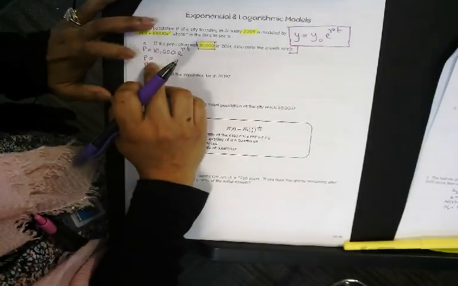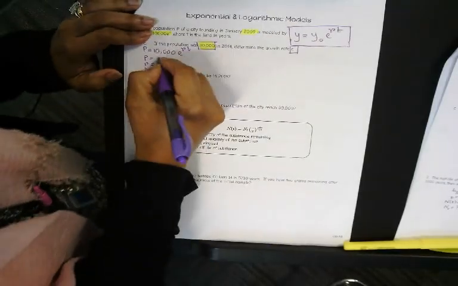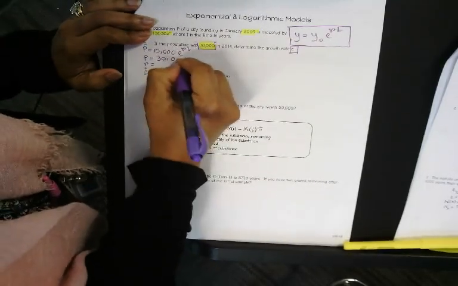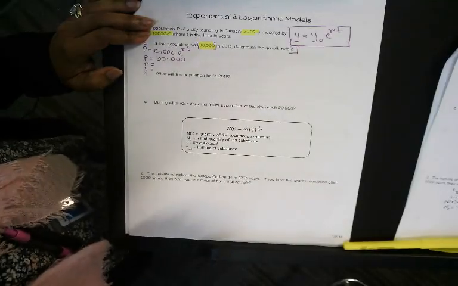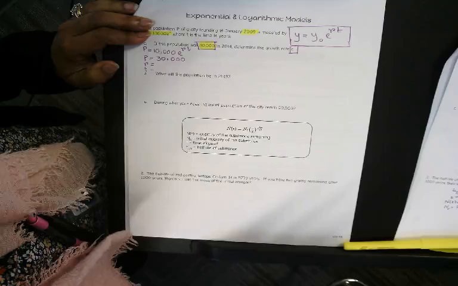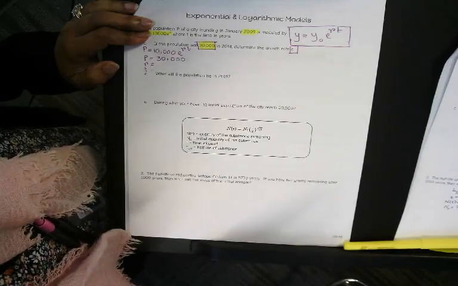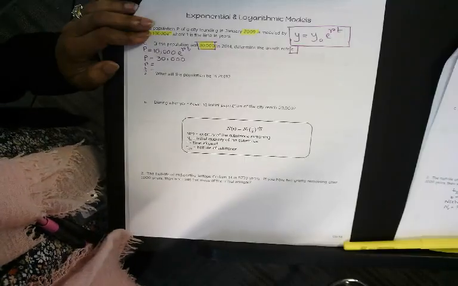Okay, now my P value, which is given, is 30,000. They're saying in 2014, my population becomes 30,000. What is the r value? The rate.